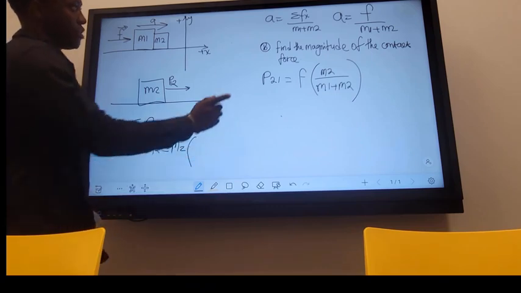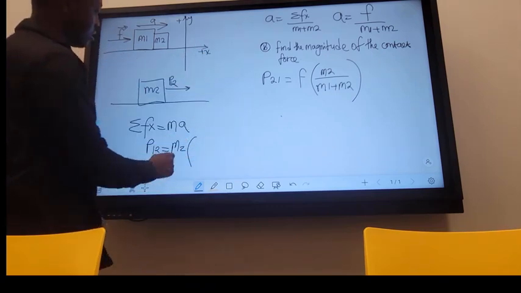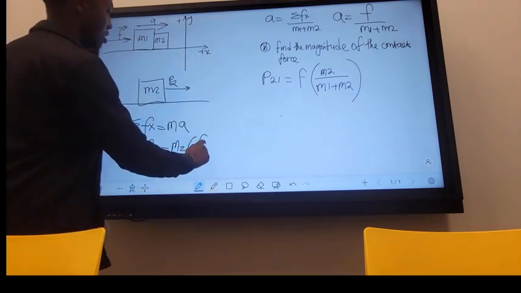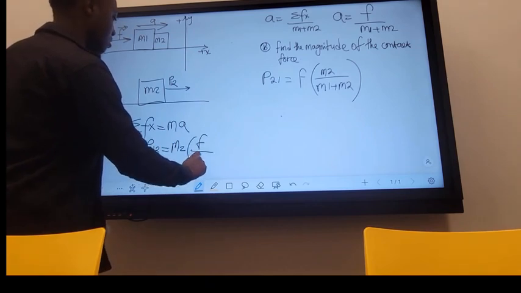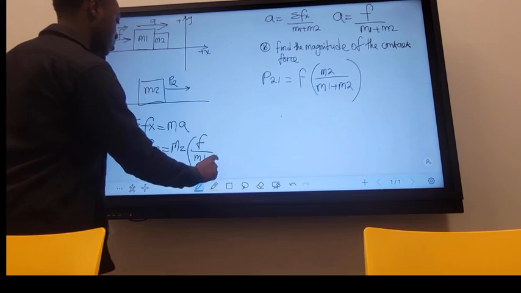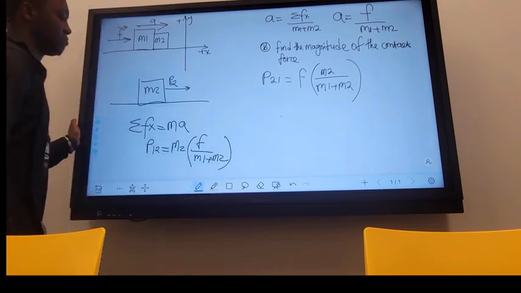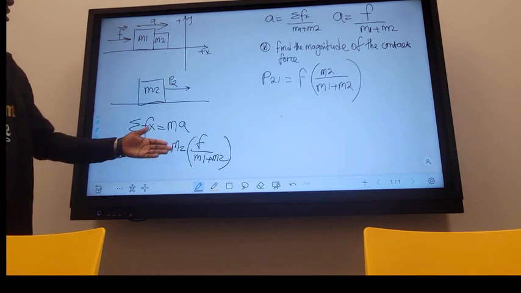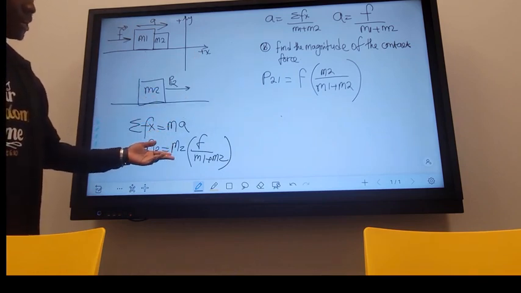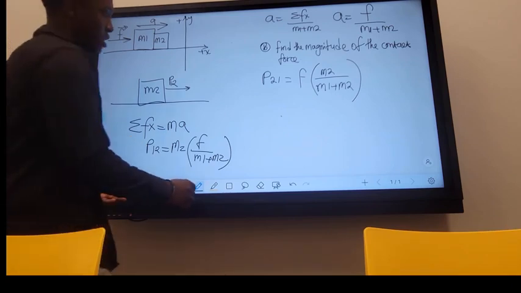If you remember correctly, we have the acceleration there, which is F over M1 plus M2.